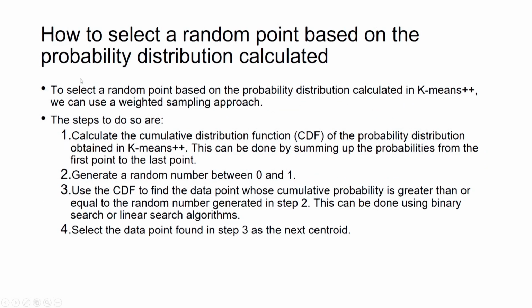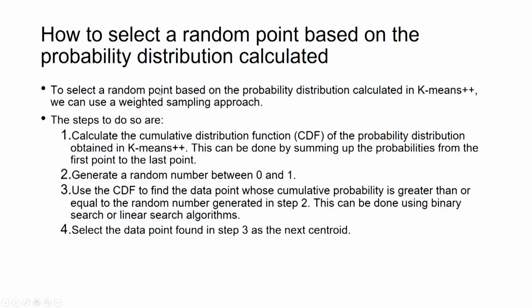Then, how do we select a random point based on the calculated probability distribution? It means we want to check how we will select the next centroid based on this probability distribution, because it is proportional to the squared distance.